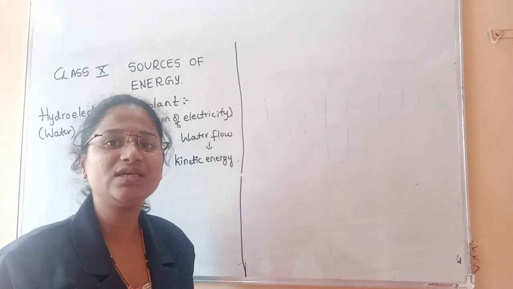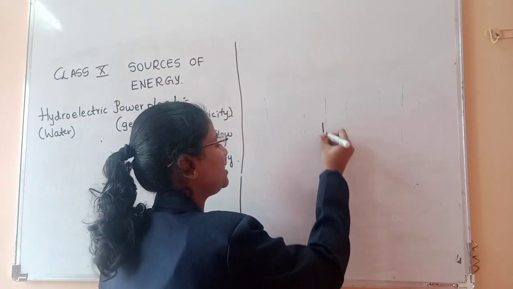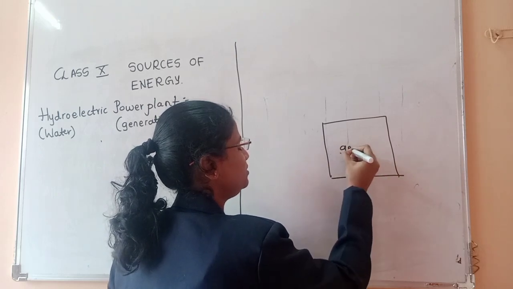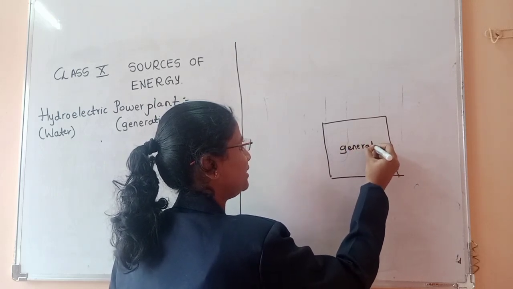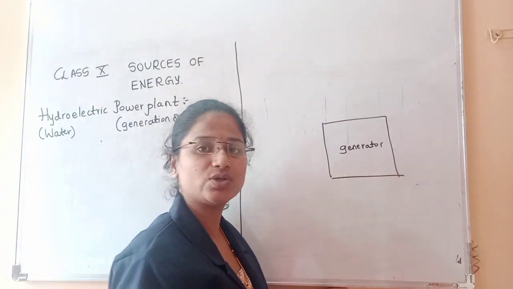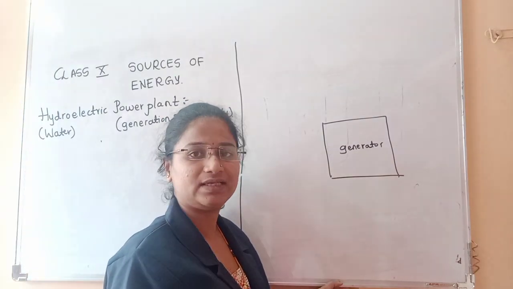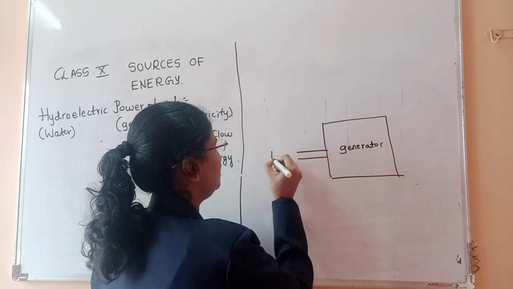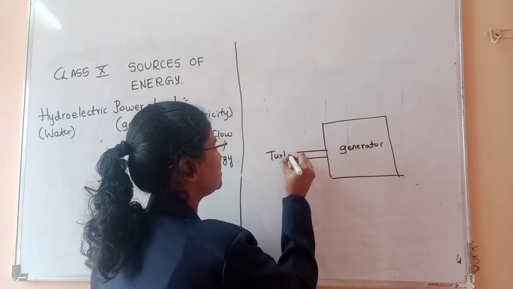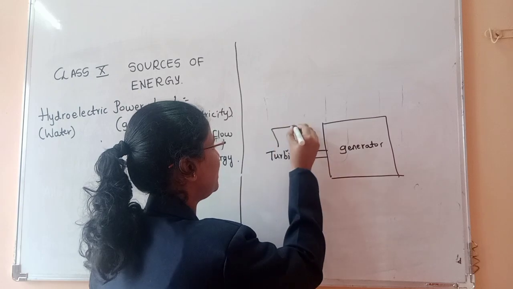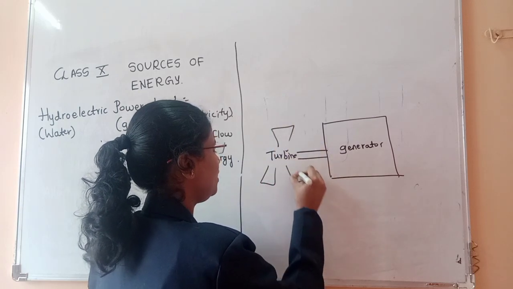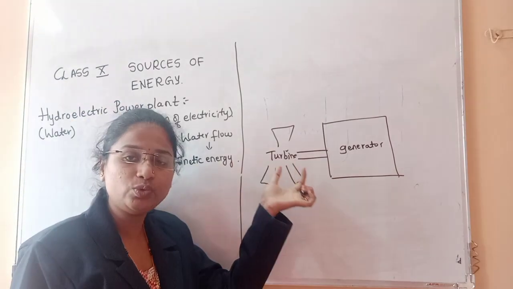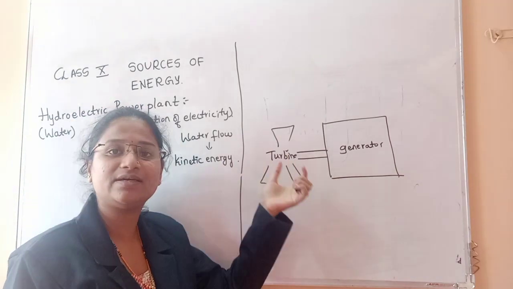One thing is common: the generator, which has the coil and two magnets, runs on the principle of electromagnetic induction, and the connection of the generator with the turbine is common in all power plants. The difference is which energy is used to rotate the turbine.